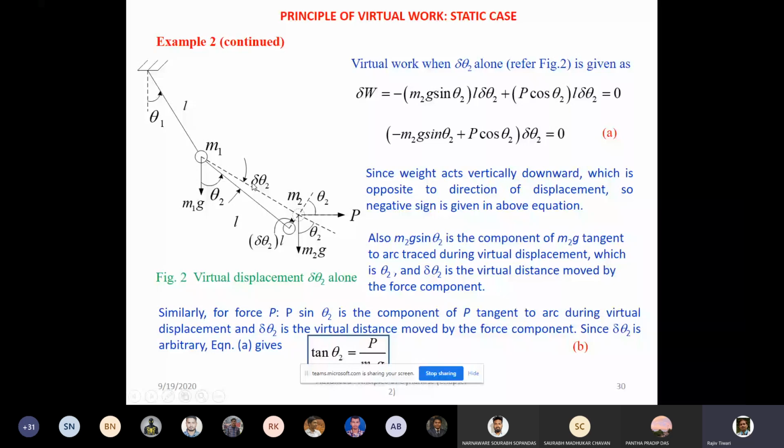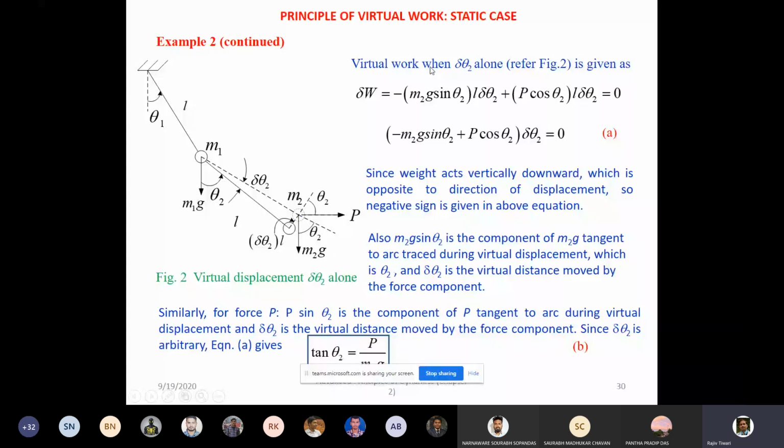When we give the virtual displacement to theta 2, theta 1 will not get disturbed, because when we move the lower pendulum, the upper pendulum will not get disturbed. So when we move the lower pendulum by delta theta 2, the forces which were there originally have moved to the new position of the mass m2, and these forces will do some work that we want to find out.